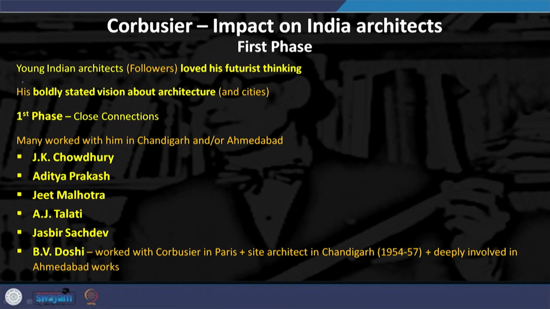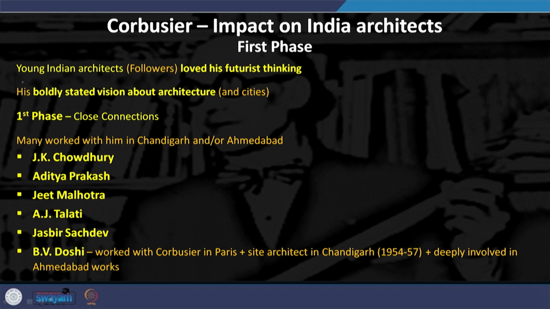in the 21st century. With regard to his impact on Indian architects, in the first phase, young Indian architects loved his futurist thinking, his boldly stated vision about architecture, and they had a very close connection with him, particularly because many of them worked with him in Chandigarh and Ahmedabad.